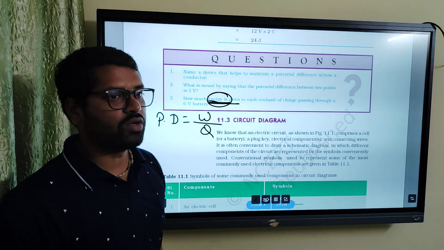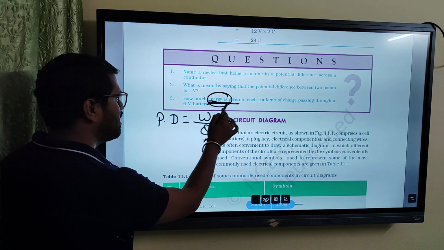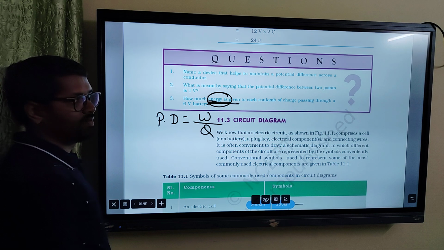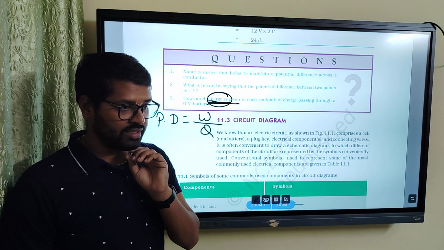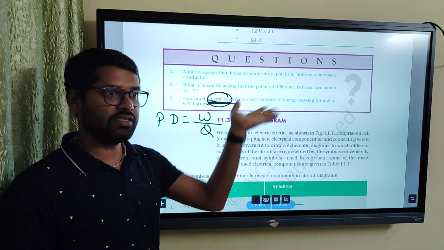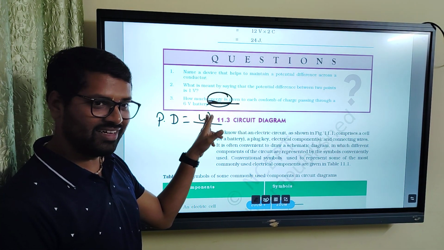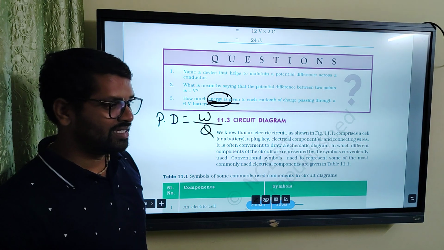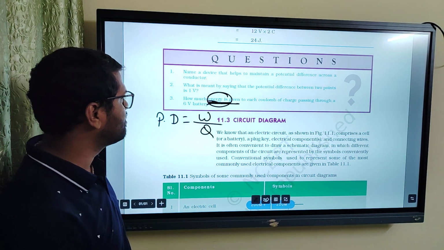If you have more energy, you will do more work. Understood? Actually they ask about energy. Now, a few students who don't know about work and energy will think it is a new question. The formula is for work, but they ask energy. You should know that work and energy are both the same.